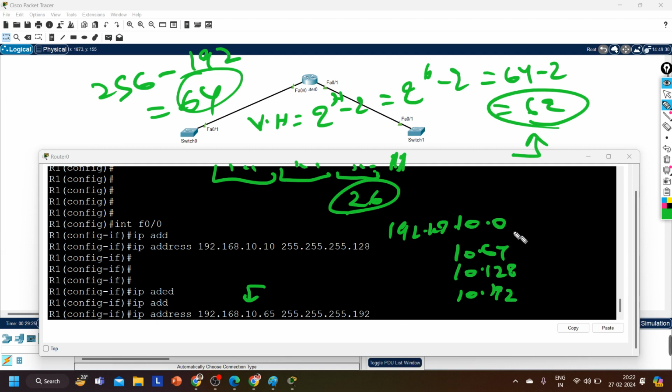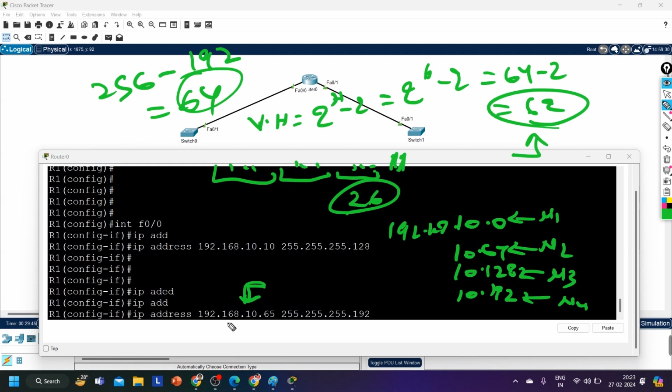So these are your 4 networks. Now you tell me, can I configure this IP address? This is your network 1, this is network 2, this is network 3, and this is network 4.